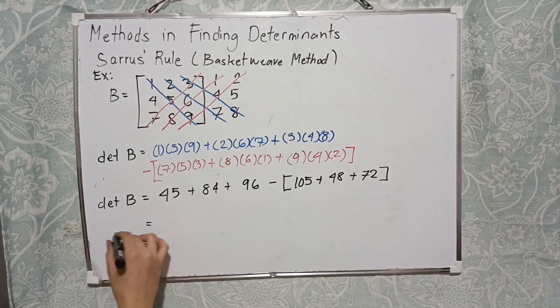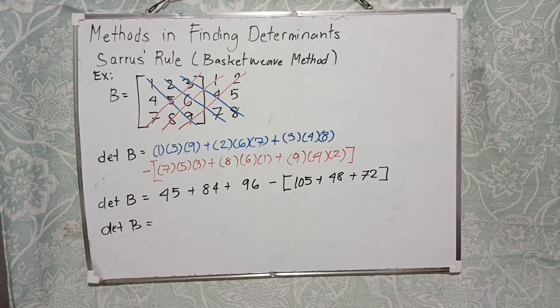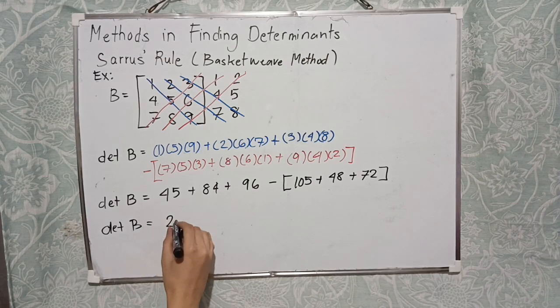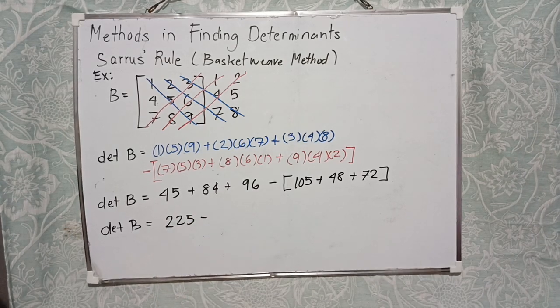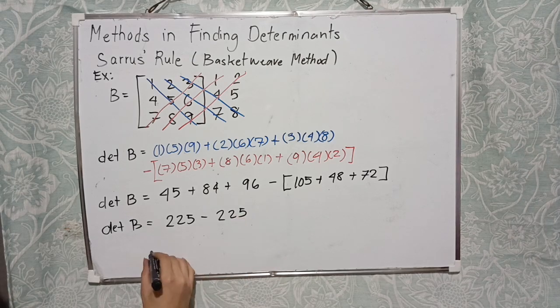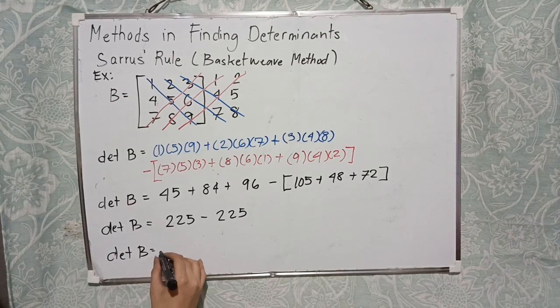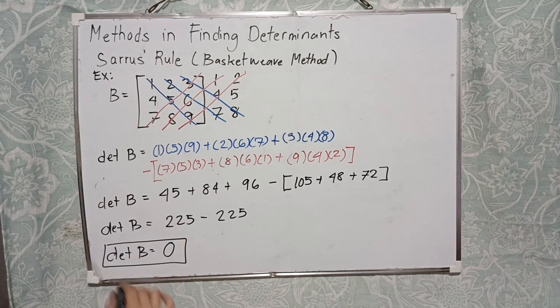Further simplify. So our det B will be 225 minus also 225. So the determinant of this matrix B is equal to 0. This will be the final answer.